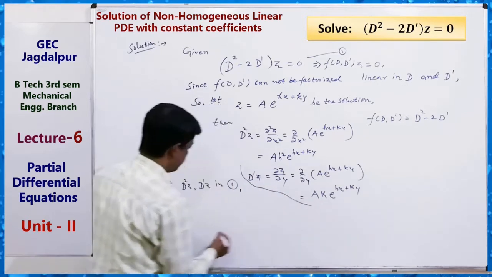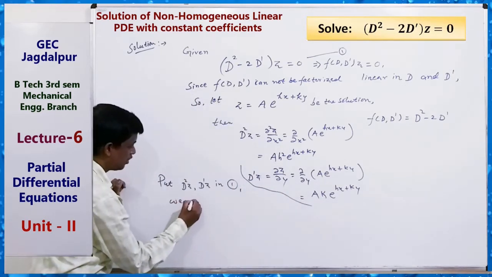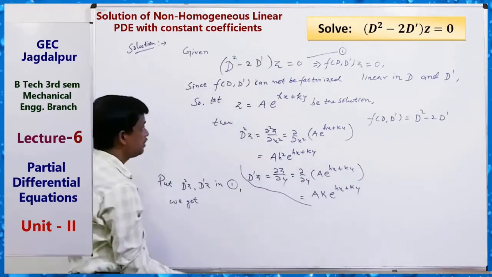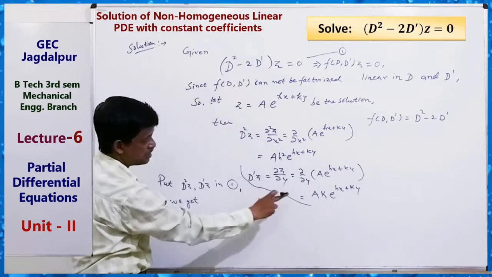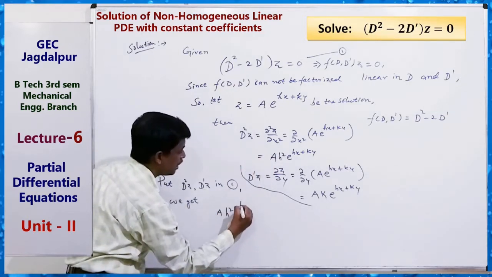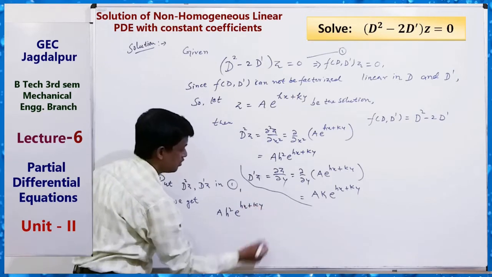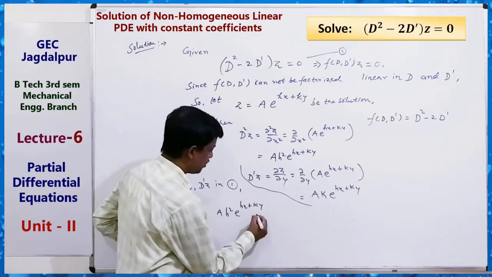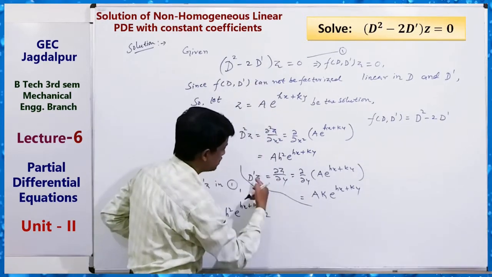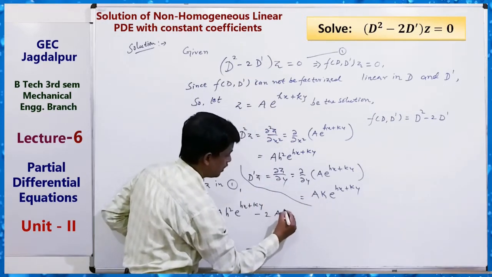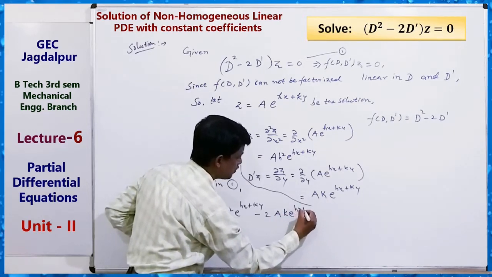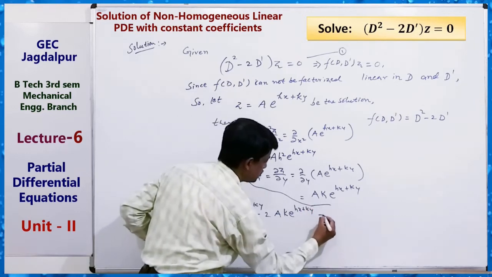In 1 we get, putting these two values here, D square Z means a h square e to the power hx plus ky, minus 2 D dash Z, a k e to the power hx plus ky equals to 0.